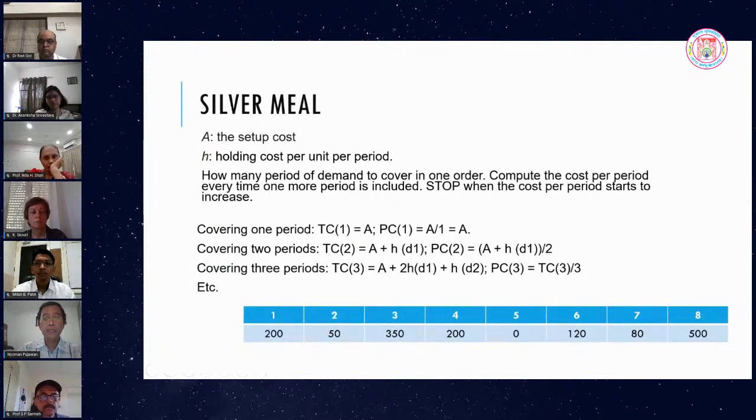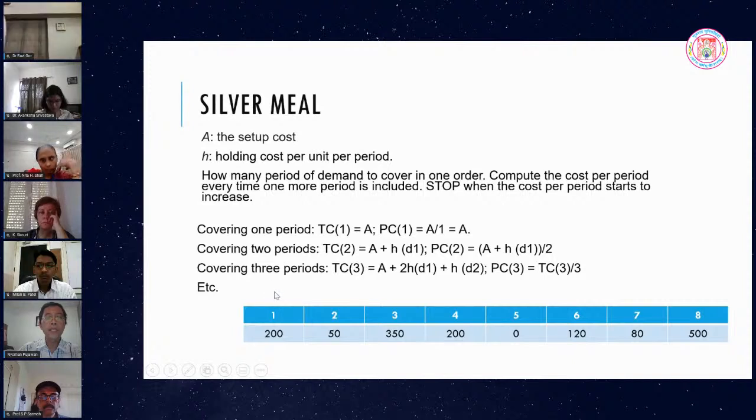Just a little reminder, probably some of you are not familiar with the Silver-Meal rule and the least unit cost rule. These two are actually very, very simple. We are trying to find the number of periods that we will cover in one order. Let's say that at the bottom of my slide I have a demand for 8 periods. In period 1, the demand is 200, followed by 50, then 350 and 200.